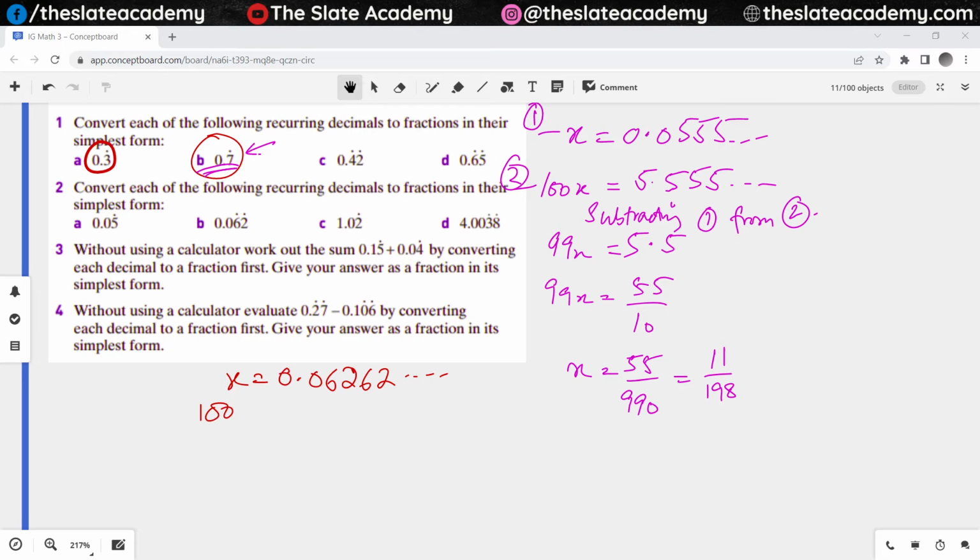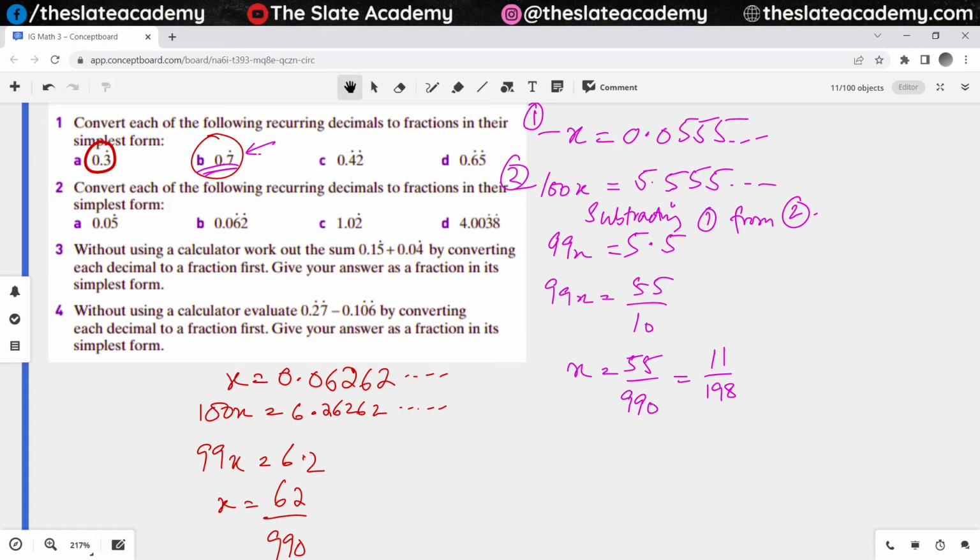So 100x will be equal to 6.26262 and onwards. So if I subtract the two equations, I will have 99x is equal to 6.2, right? So 990x will be equal to 62, or x will be equal to 62 by 990.